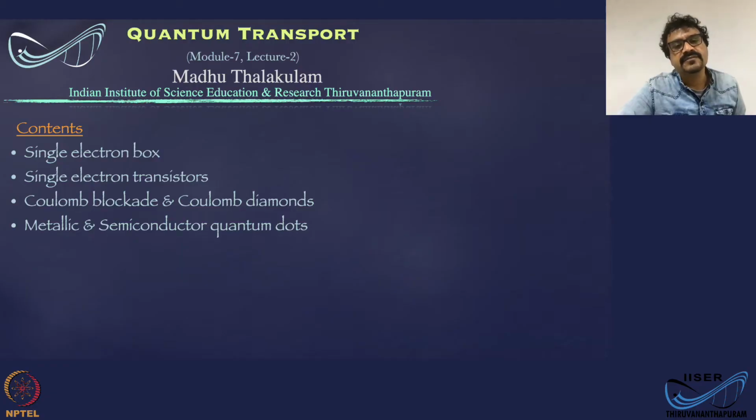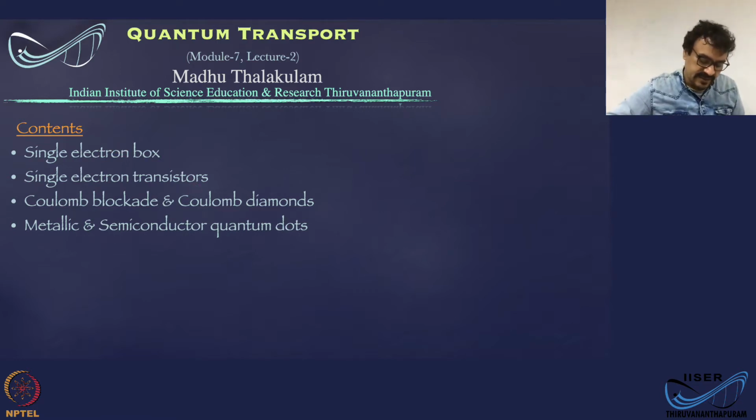In the previous lecture, we discussed the transport characteristics of ultra-small or mesoscopic tunnel junctions. In this lecture, we will discuss the transport properties of devices, namely the single electron box and single electron transistors.